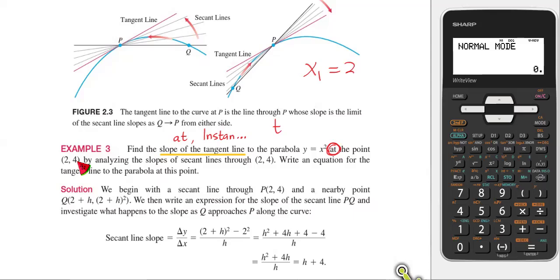When you substitute, you get the y value to be 4. So we need the x2 now. We can't use 2 as well because we're going to get undefined. Remember that? So x2 must be x1, which is 2, plus the delta x.